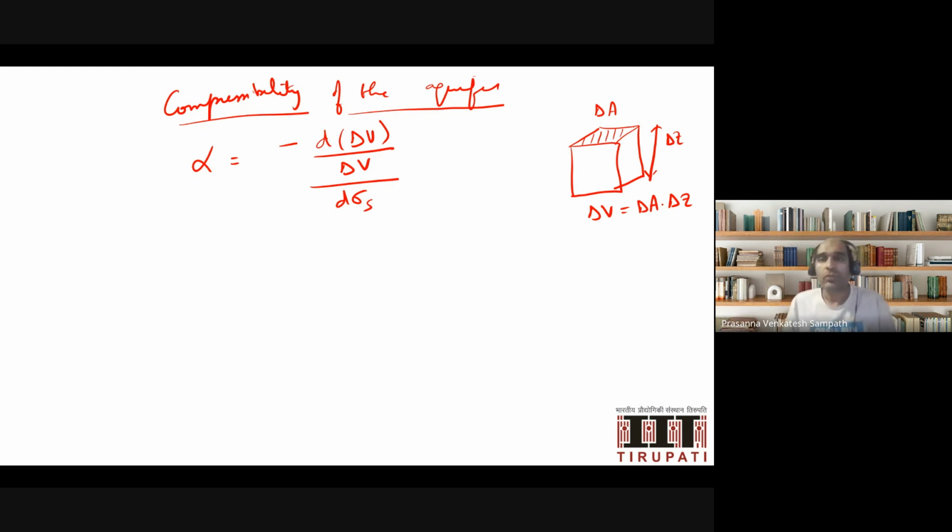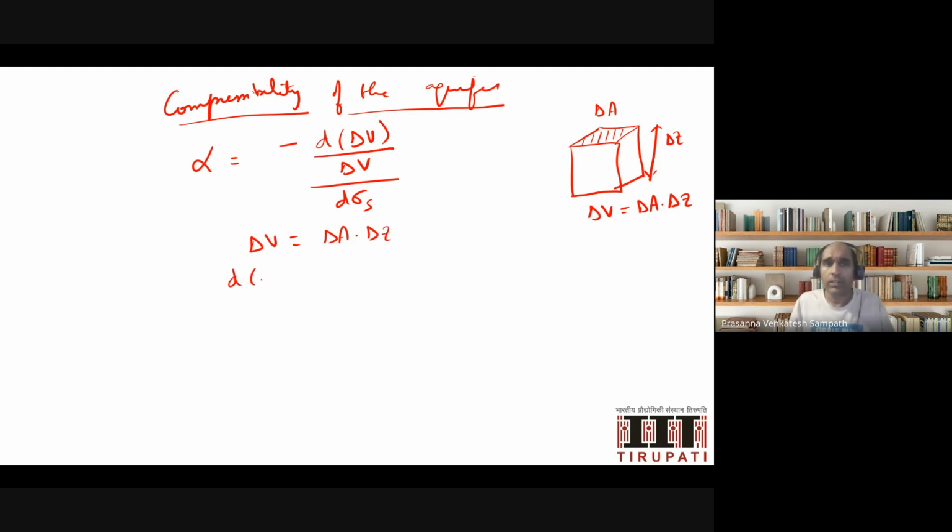Okay, so d delta V is the change in the volume due to this additional stress that is acting in the intergranular soil matrix. Okay, so now delta V, as I said, is delta A, I'm sorry, times delta Z.